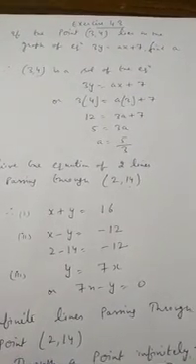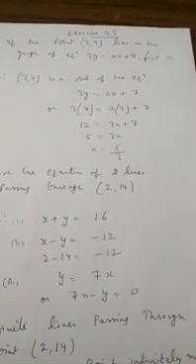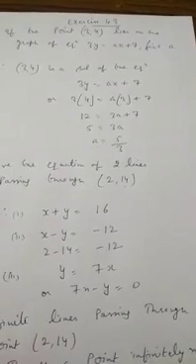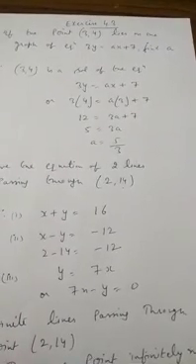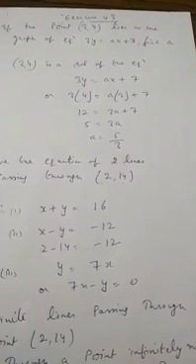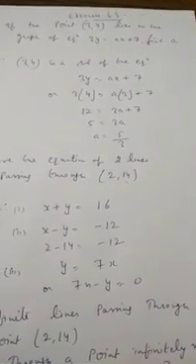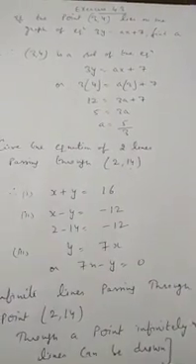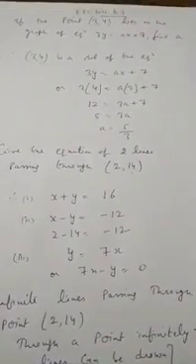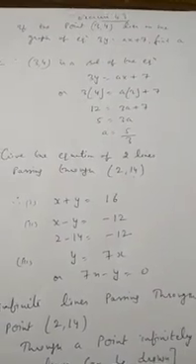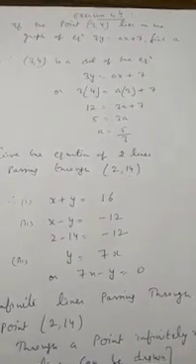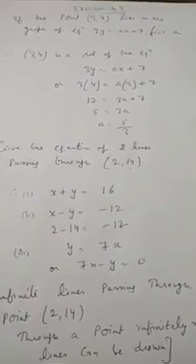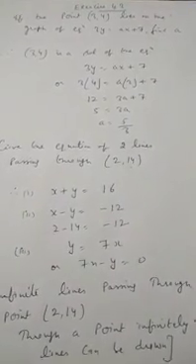Second, I can get x minus y is equal to minus 12. Third, I can get 14 is 7 times 2, so y is equal to 7x or 7x minus y is equal to 0. In this way, we can find infinite lines passing through the point (2, 14), and we also know that through a point, infinitely many lines can be drawn.